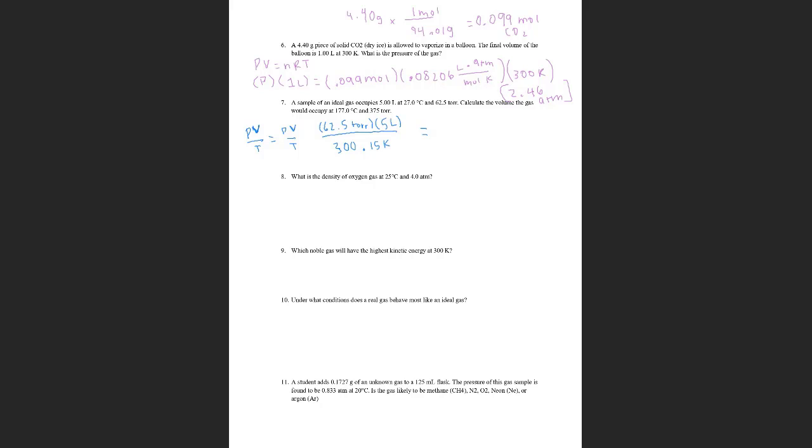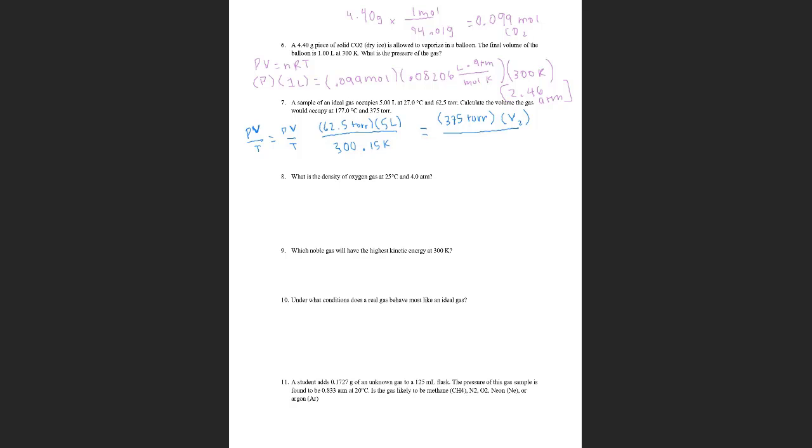And that's going to be equal to, what's our final pressure? 375, and that's also in torr, which matches our initial pressure. And then we're solving for the final volume.